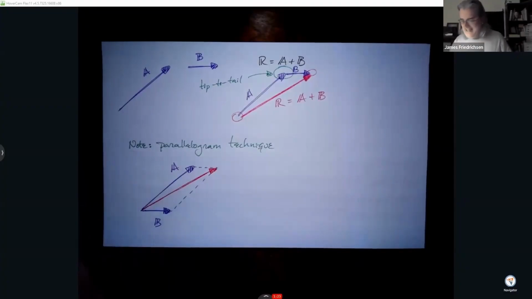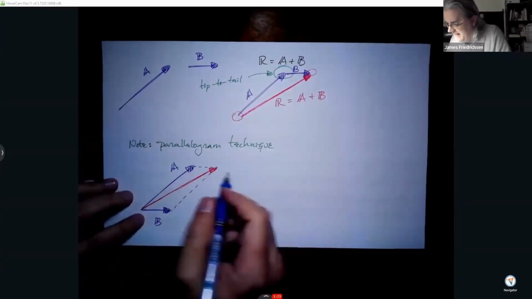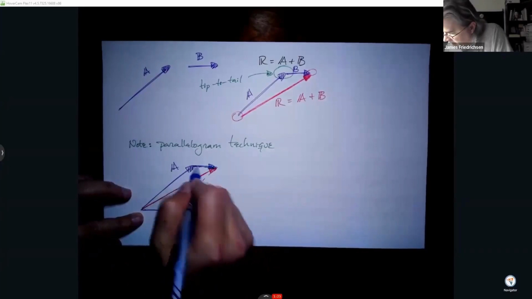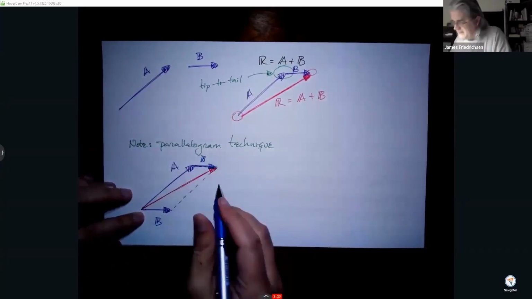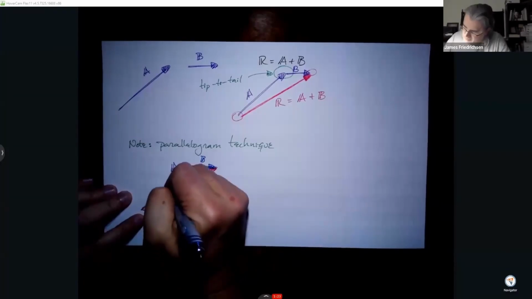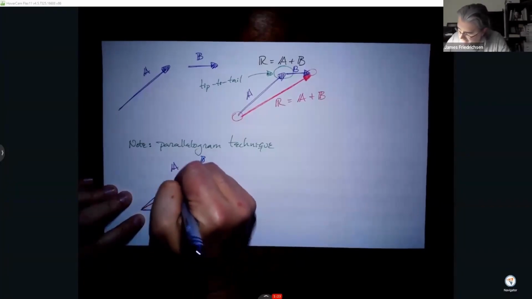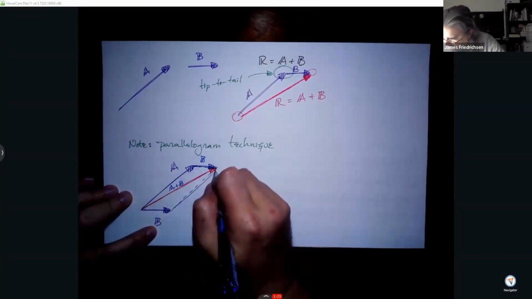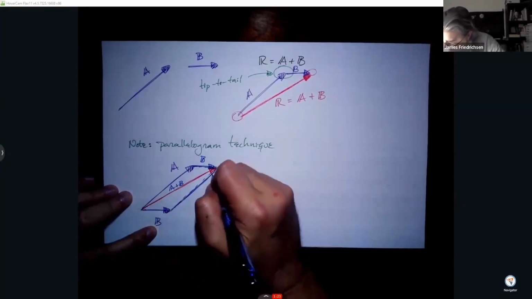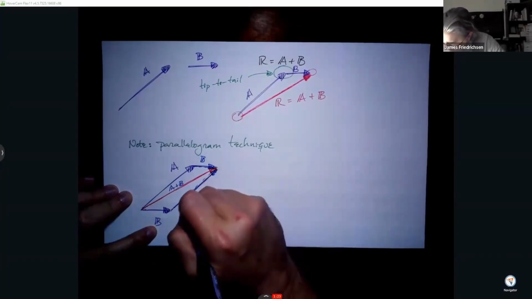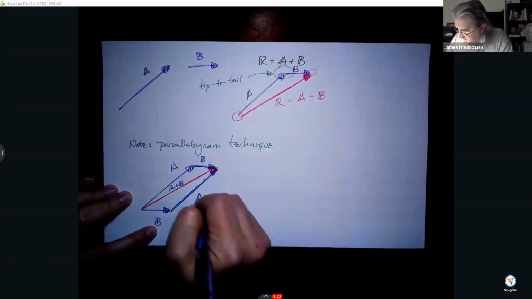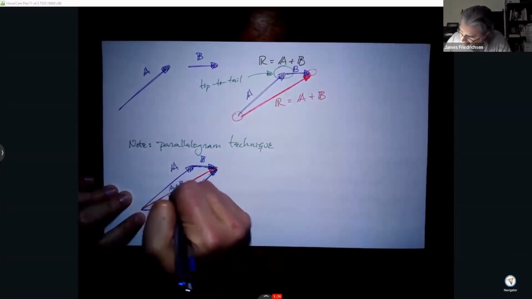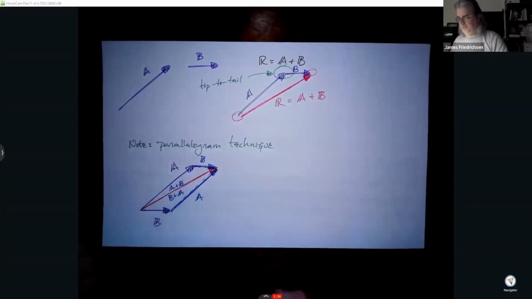But we can see that if we were to take vector B and slide it up here, because we're allowed to move the vectors, then this gives us A plus B. Or if we were to take A and slide it over here, then that's B and then A, so that's B plus A, like so.